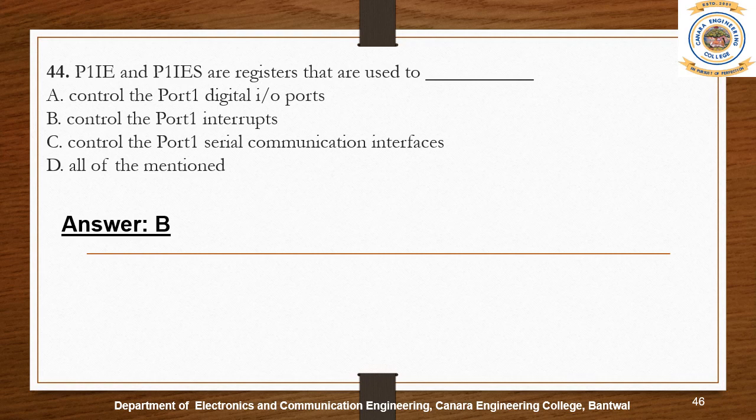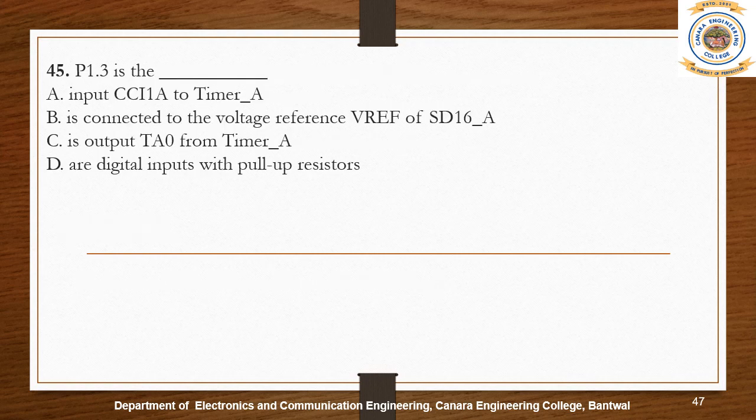So in case of interrupts, it can be a rising edge interrupt, a falling edge interrupt or a level triggered interrupt. Here the port 1 interrupt enable and port 1 IES edge select registers are the part of interrupt in MSP.